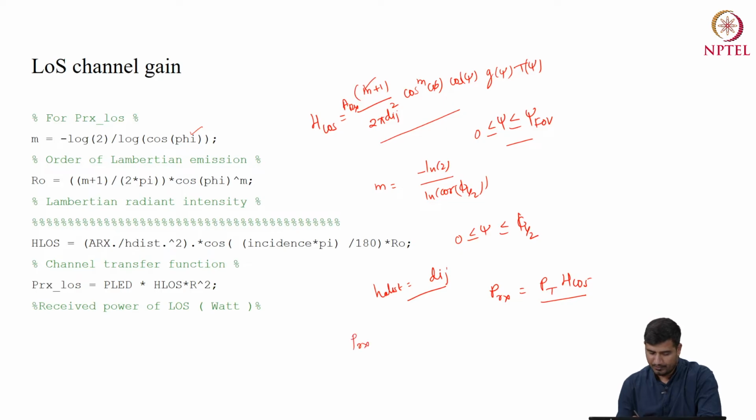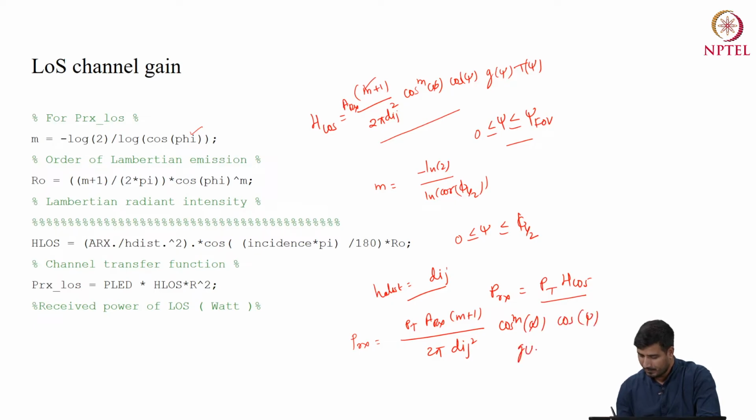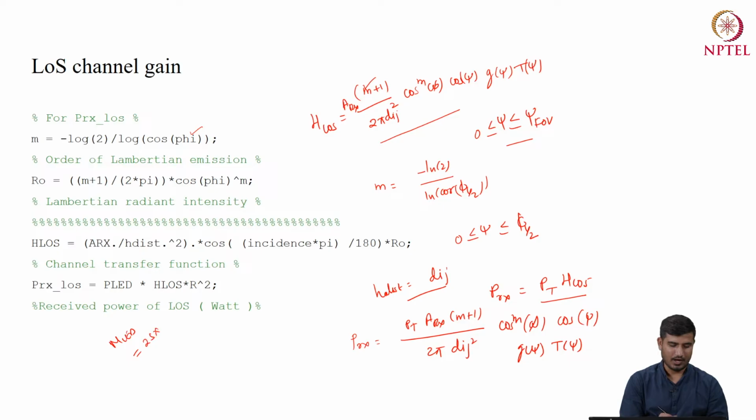So if I write the complete equation here, it will be PT ARX (m plus 1) upon 2 pi dij square, cos^m phi, cos xi, multiplied with g(psi) and t(psi). Now this vector P received line of sight will give you the line of sight channel gain value, and the order of this vector will depend on the number of LEDs as well as how you have divided your receiver floor, how many grids.